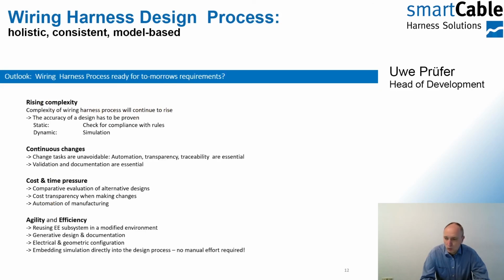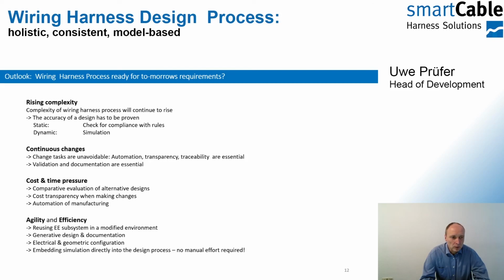And now I come to the end of my presentation. Different engineering domains come together in the wiring harness process. Networking between wiring, 3D geometry and configuration has to be ensured. Driver assistance systems require interaction between the domains and dynamic analysis.